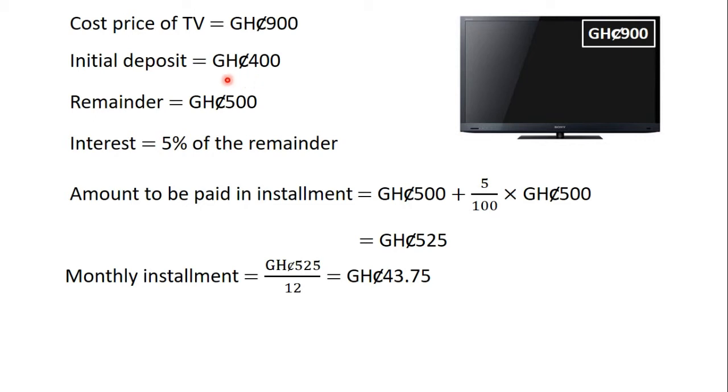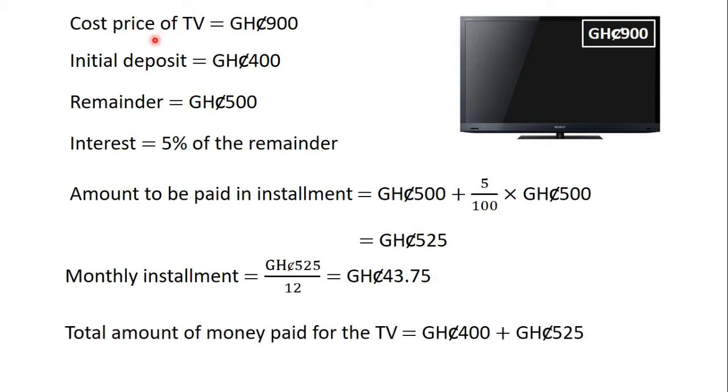So after making an initial deposit of 400 Ghana cedis, Kofi will have to pay 43 Ghana cedis 75 pesewas at the end of each month for 12 months. This means that the total amount of money that Kofi will pay for the television is equal to the initial deposit he made, which is 400 Ghana cedis, plus the amount of money he paid in installments, which is 525 Ghana cedis.